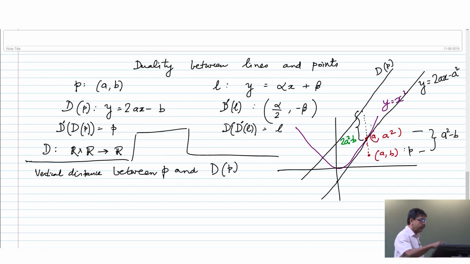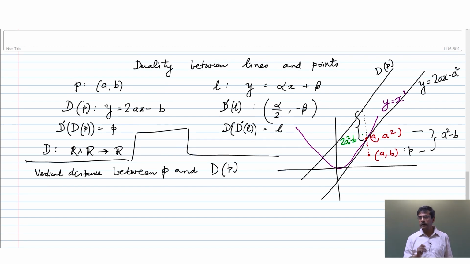So, 2a square minus b and this point. So, this point a comma a square will be basically the midpoint between these two. So, you can show that, right. 2a square minus b plus b is 2a square, divided by 2 is a square, right. So, basically that line is tangential to the parabola and shifted exactly by the same distance as the point is from the parabola.